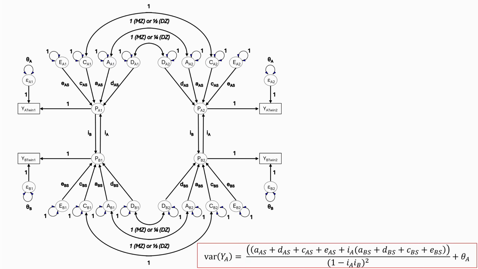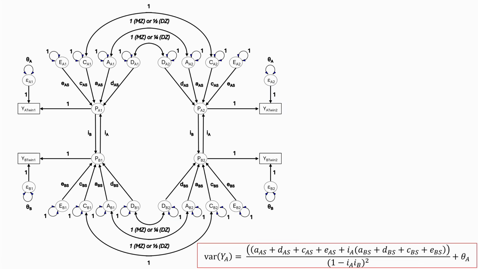I'm not going to go through the derivation of the expected variance formally, but hopefully it's clear intuitively from looking at the path diagram that the variance of variable YA is the same for twin 1 and for twin 2 for both MZ and DZ twins, just by looking at the symmetry of the path model.